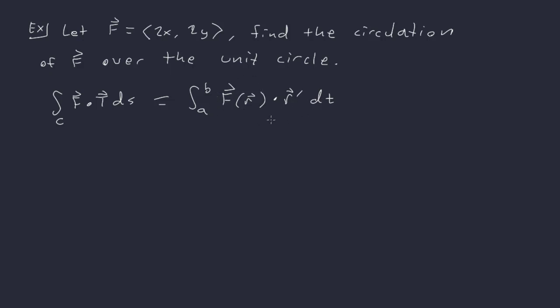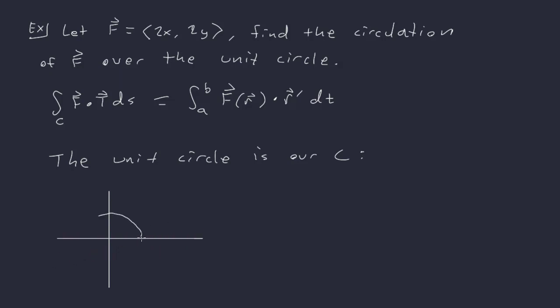So the unit circle is our C, and we can parameterize that. Here's our path. We can parameterize that with this vector valued function, r of t is cosine t, comma sine t.